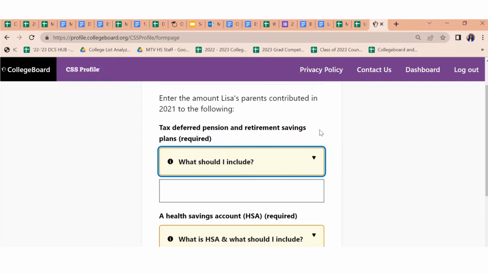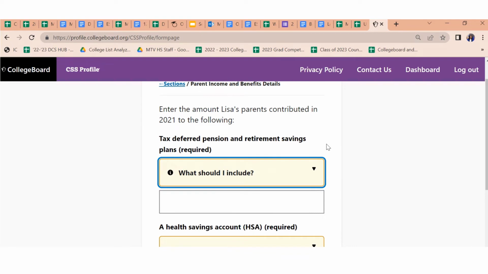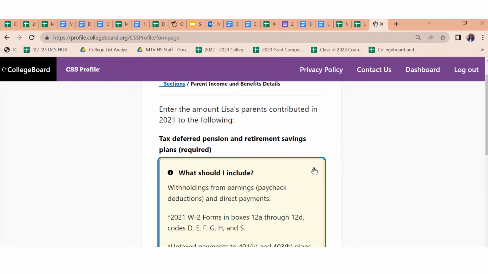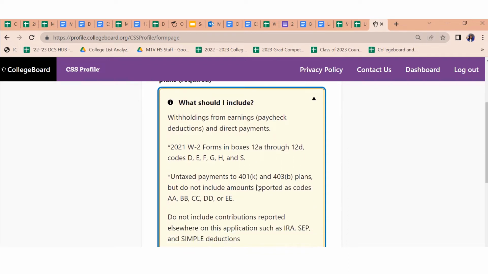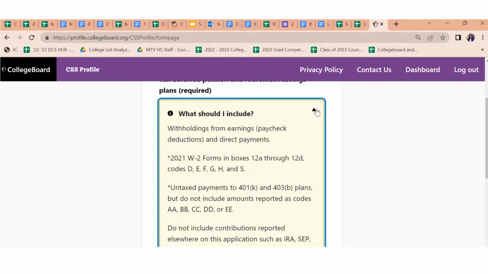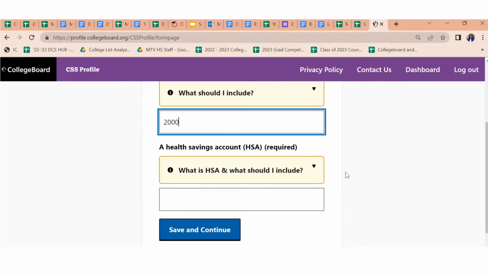So this is the amount of money that was withheld and was tax deferred, and you can find that on your W-2 forms in boxes 12A through 12D, codes D, E, F, G, H, and S. So go ahead and look at your W-2 and look at the amount of money that you find there.